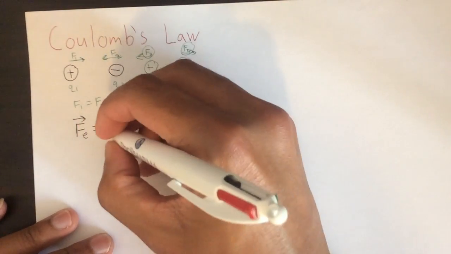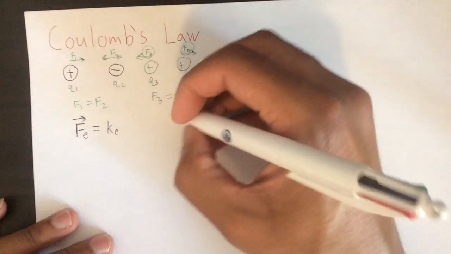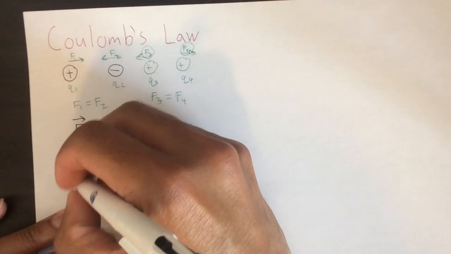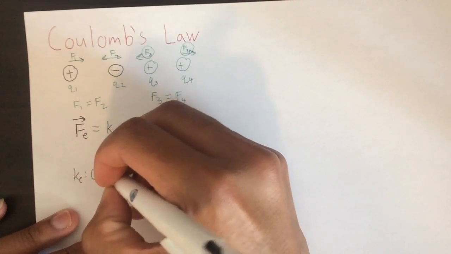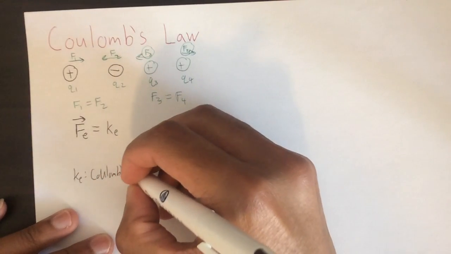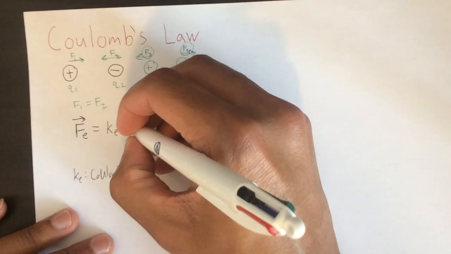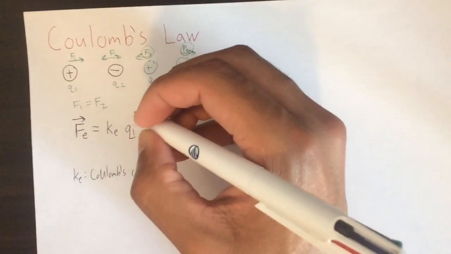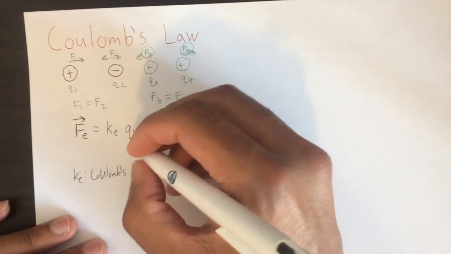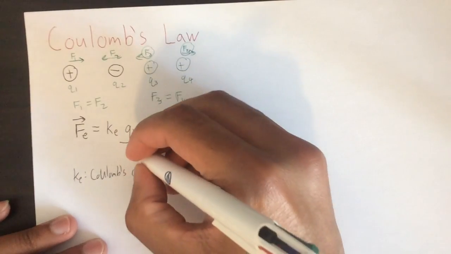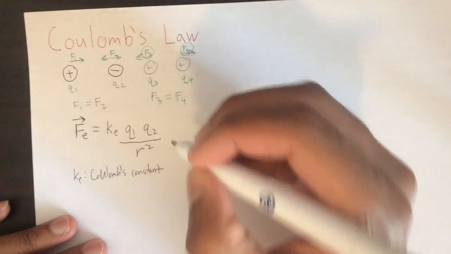It's going to be equal to a constant K, which is known as the Coulomb's constant, times Q1 of the first charge, multiplied by Q2 the second charge, divided by the distance, which is R, which is the distance between the Q1 and Q2 squared.